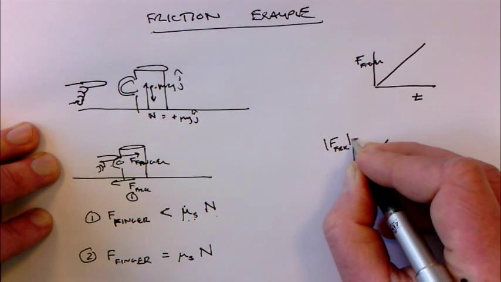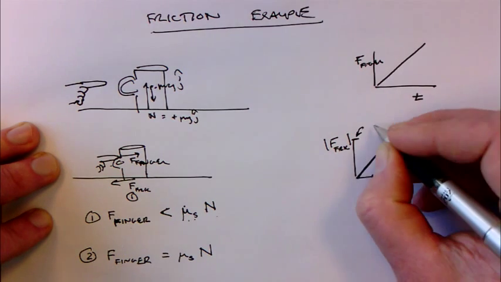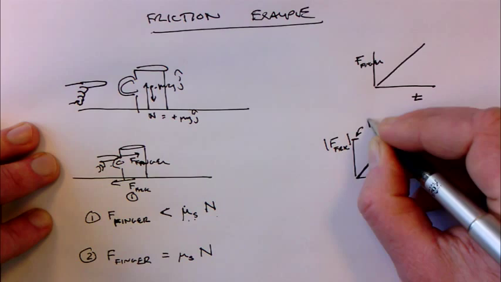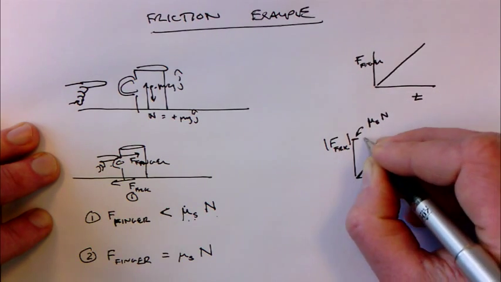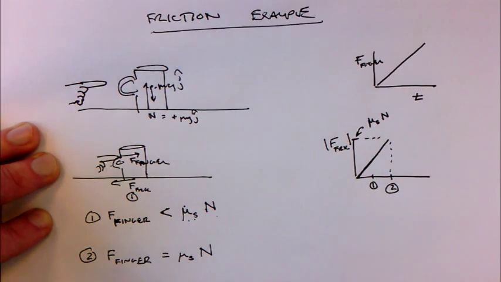At point 2, notice that the magnitude of the frictional force is now mu sub s times n, and it's still not moving. We could also plot the velocity of the object versus time, and up till point 2, the velocity is 0.